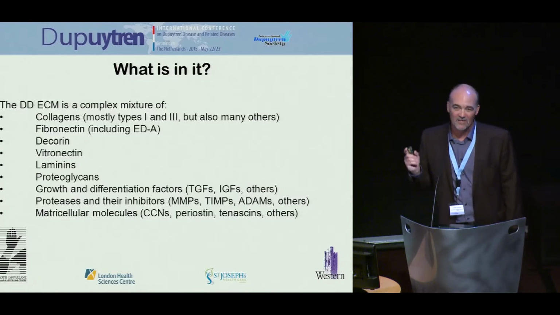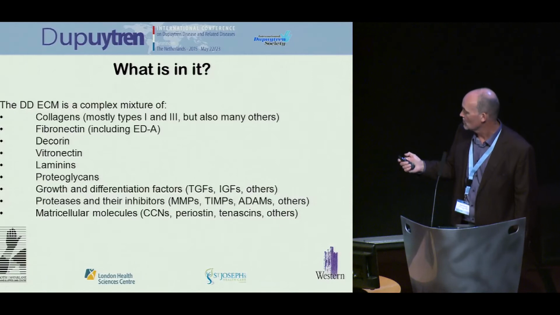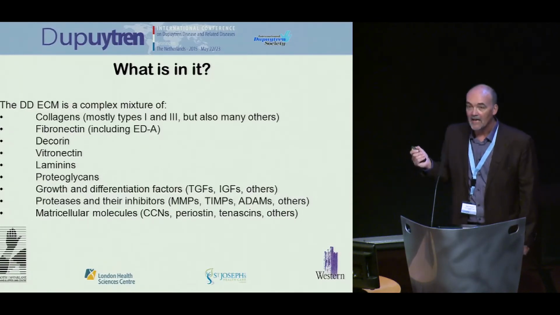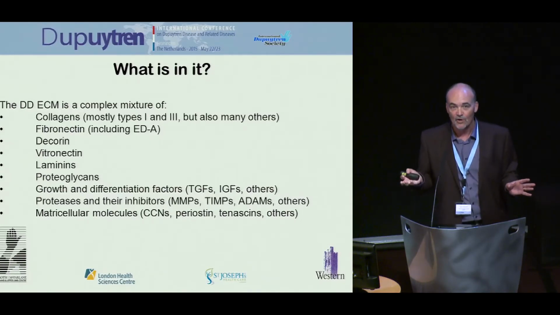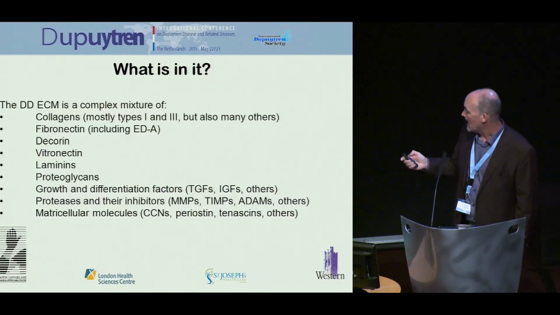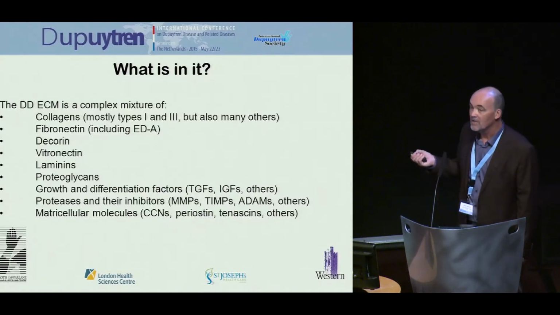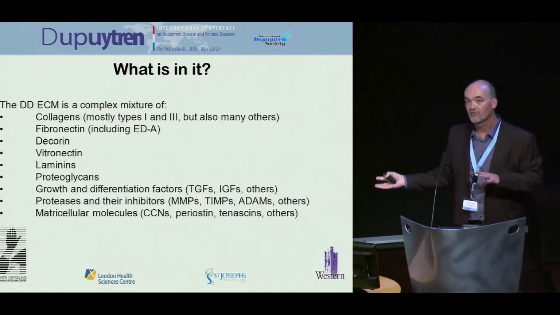Matricellular molecules are a particularly interesting group of proteins in the context of the matrix because these proteins exist only in the matrix, in fact only function when they are associated with an extracellular matrix, but are not structural components of the matrix. Their role in life is to mediate signals between the matrix and the cells.